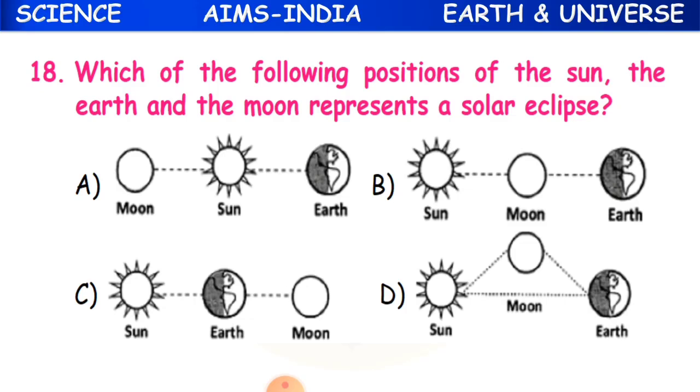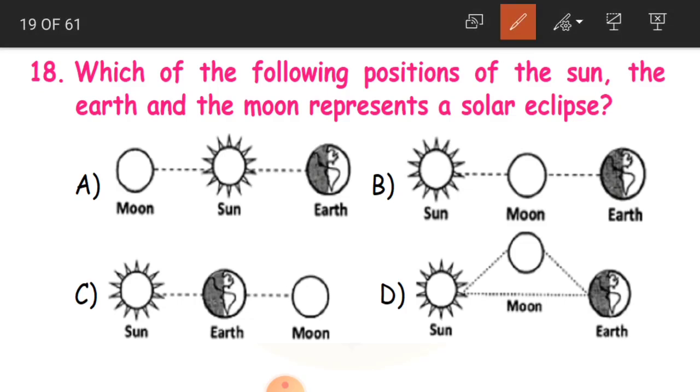The 18th one is, which of the following positions of the sun, the earth and the moon represents a solar eclipse? Here children, you have 4 options where you can see the positions of the sun, moon and the earth. Which position is going to represent a solar eclipse?